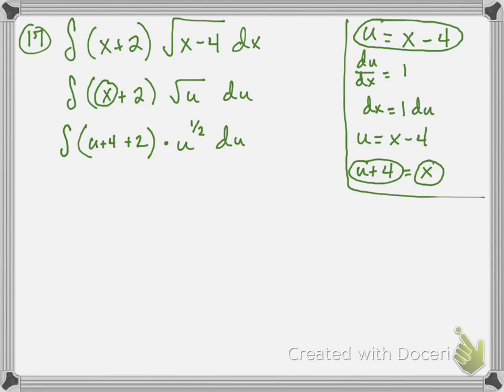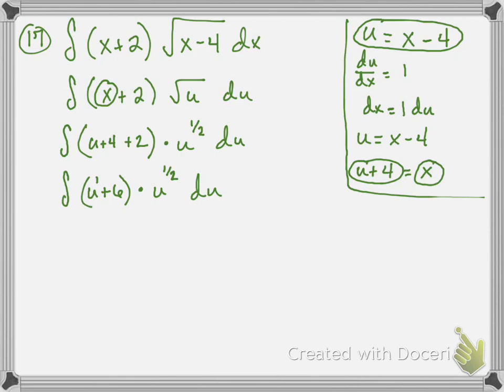Isn't that u plus 6? Yeah. So that's u plus 6 times u to the 1/2 power du. Now, can I distribute that u in? Yeah. All right, that's what I'm going to do.